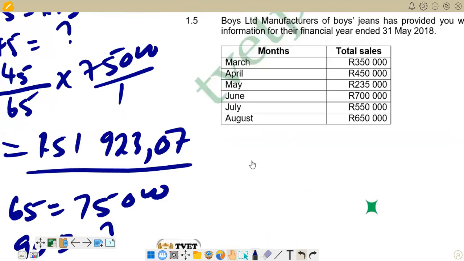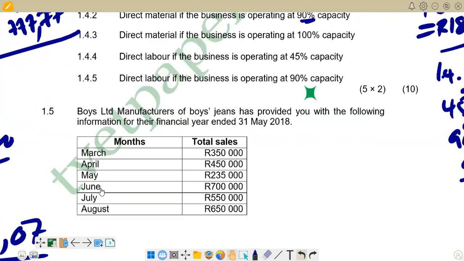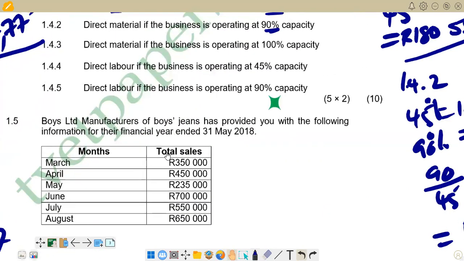Then we go to the second part now, that is 1.5, the debtors collection schedule. It reads: Boys Limited, manufacturers of boys jeans, has provided you with the following information for their financial year ended 31 May 2018. You have a column of 4 months and then total sales.